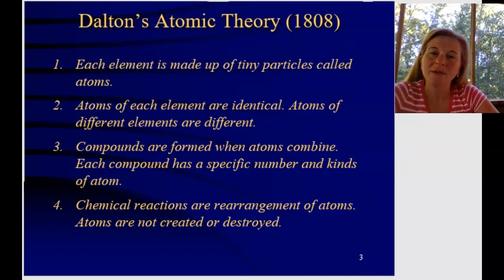We know that that's based upon the number of protons in the nucleus. Compounds are formed when atoms combine. And chemical reactions are a rearrangement of atoms, and atoms cannot be created nor destroyed.